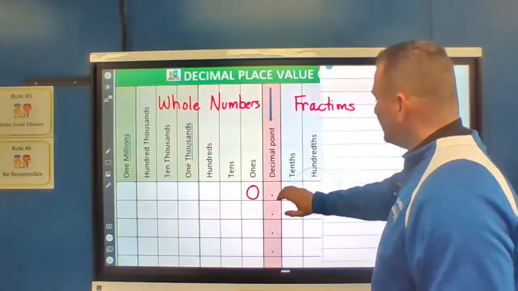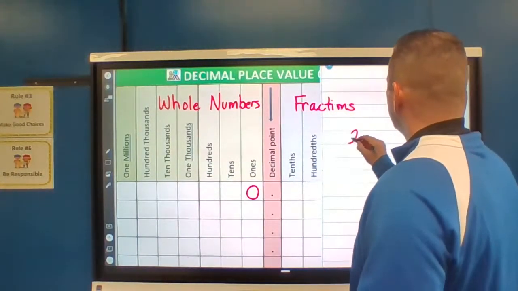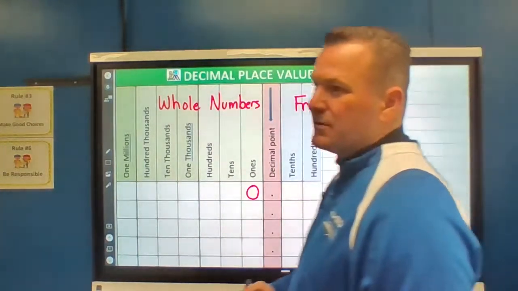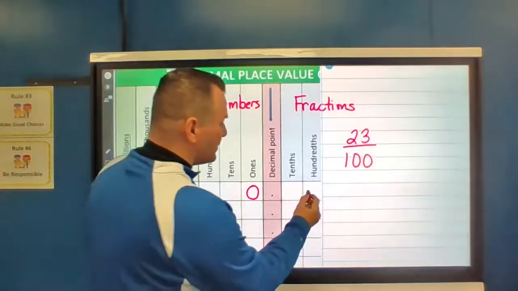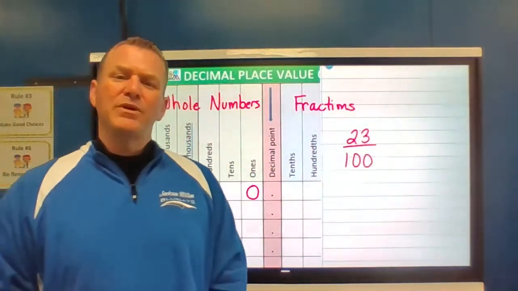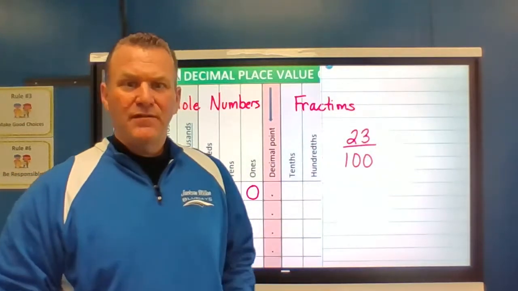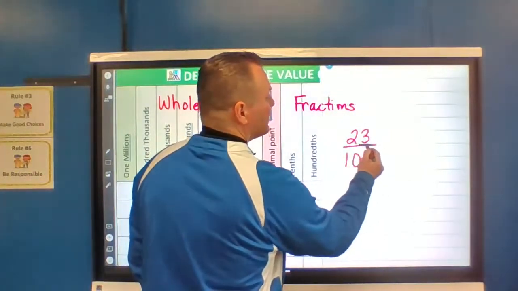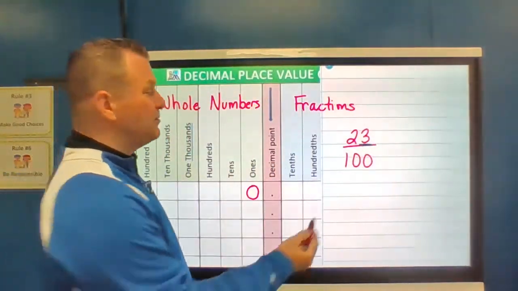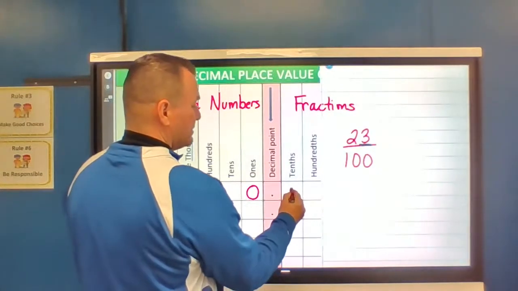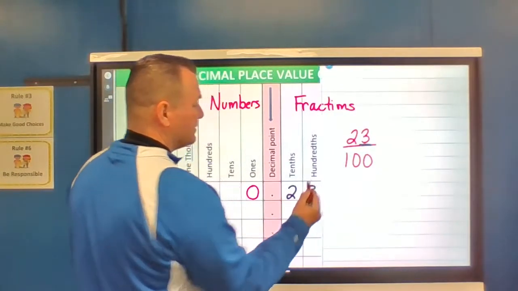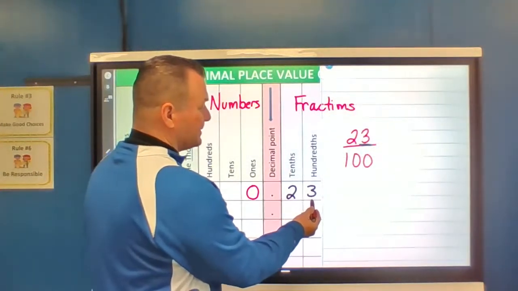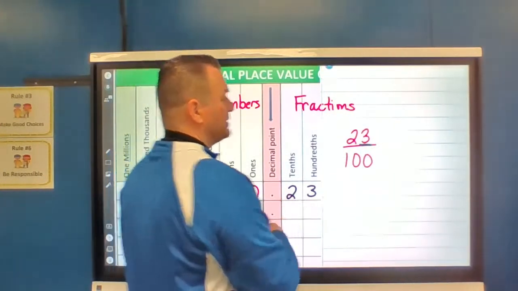Now, what if you have 23/100ths? Well, you can't fit the whole number 23 in that one box. So what we do is we look at the last digit of the whole number, and in this case, it is 3. That last digit needs to be in the hundredths place. So we would write it as 23/100ths. Where that last digit is how we would say it.